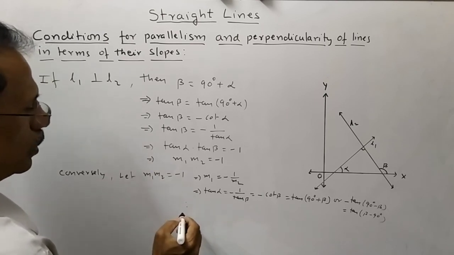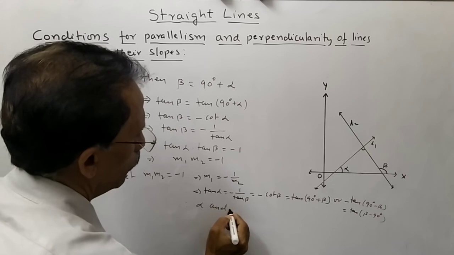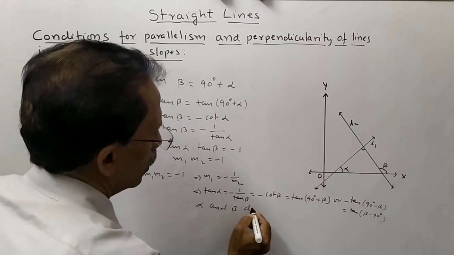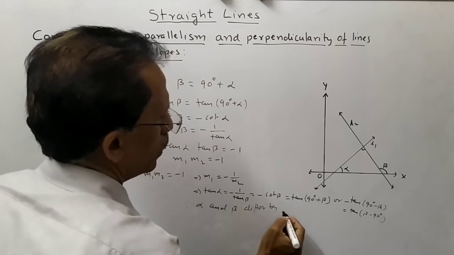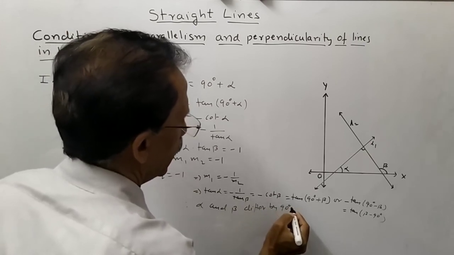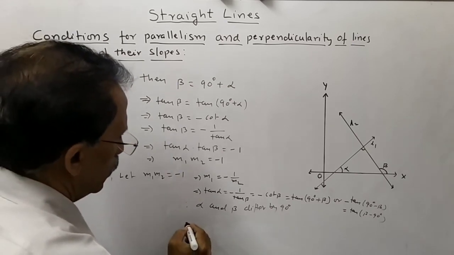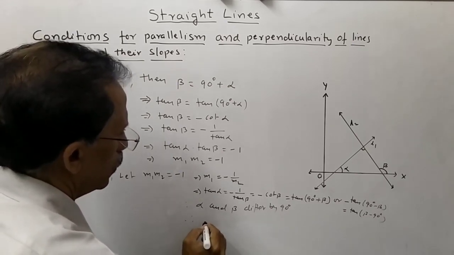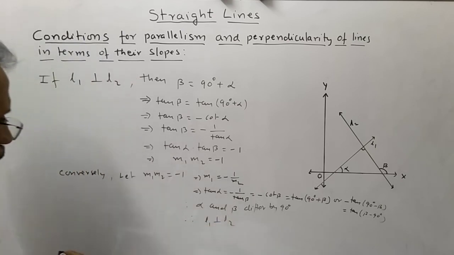Therefore, alpha and beta differ by 90 degree. Therefore, L1 is perpendicular to L2.